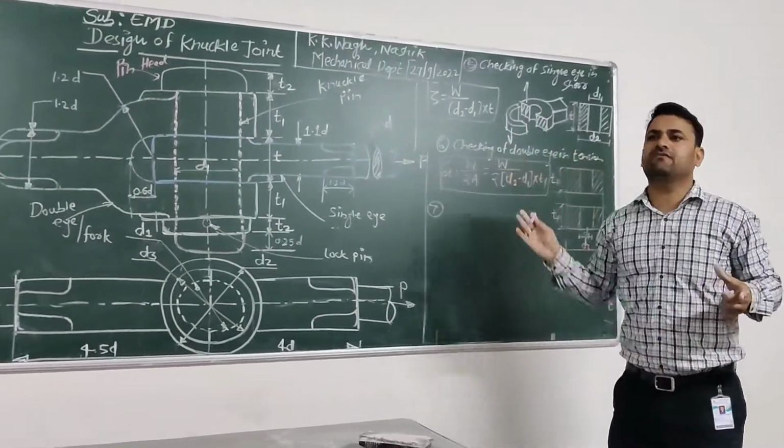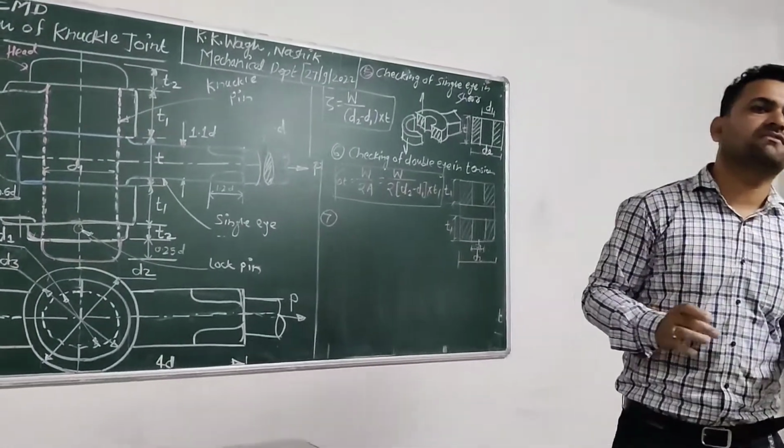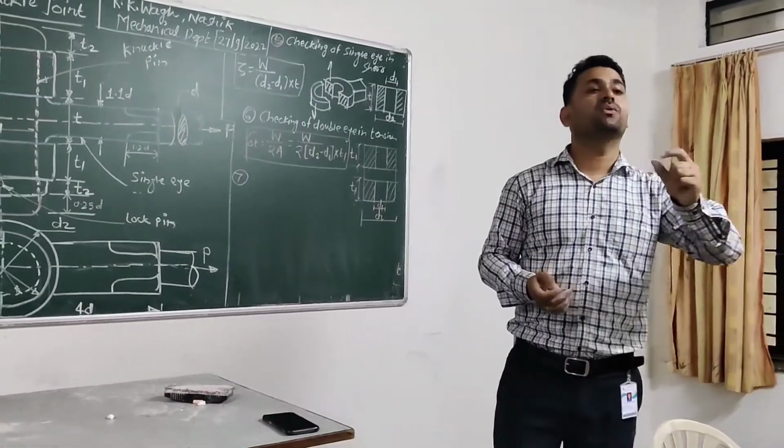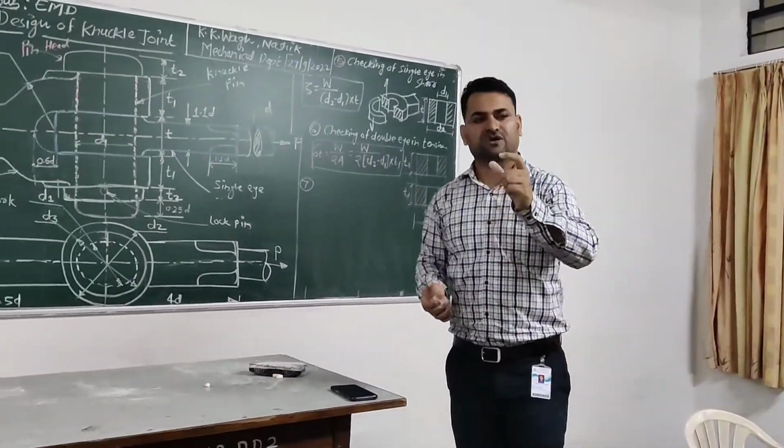Now, step number 7. Here we consider tensile failure of double eye. Now we have to consider which failure? Crushing failure.